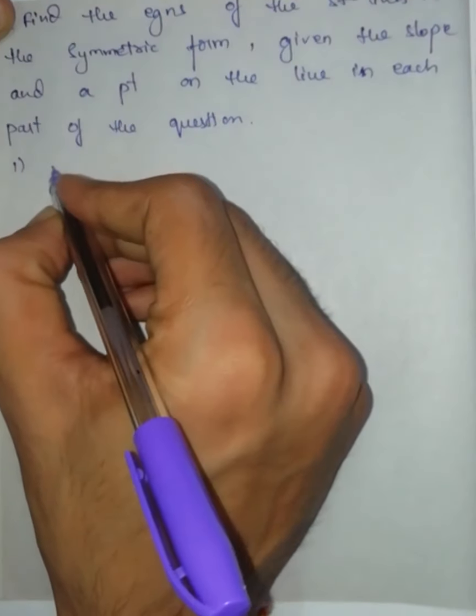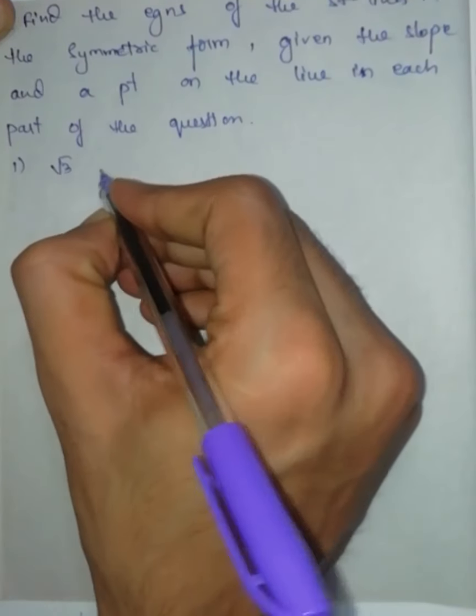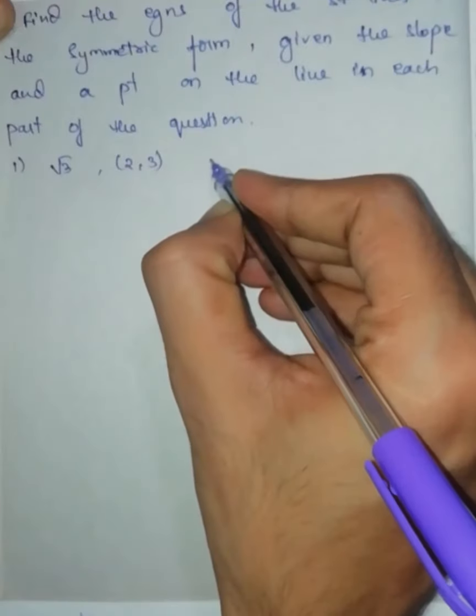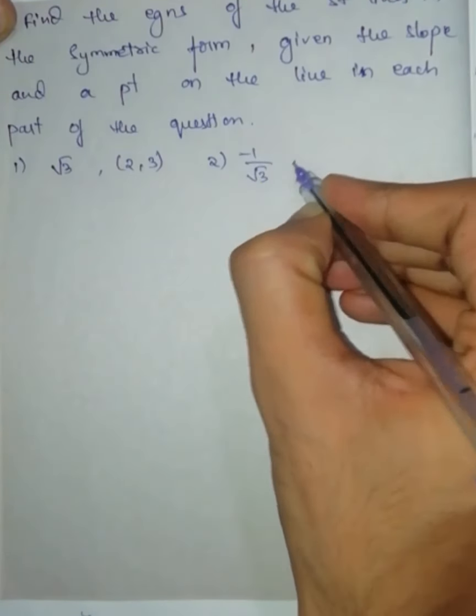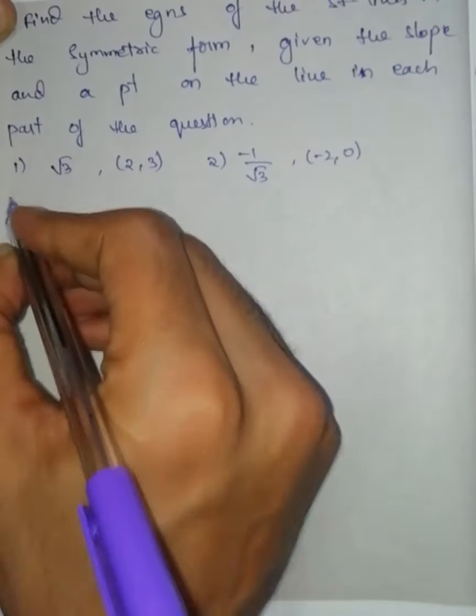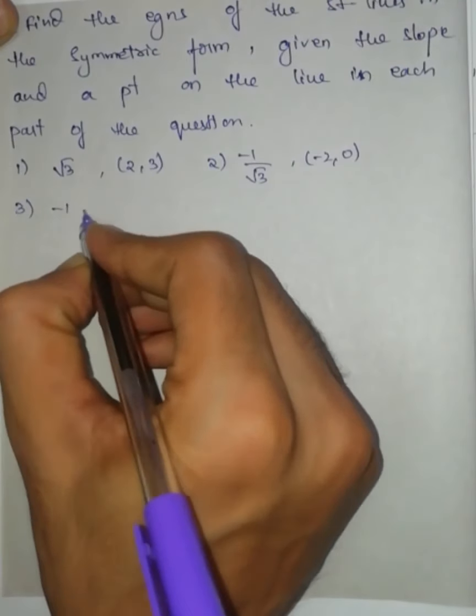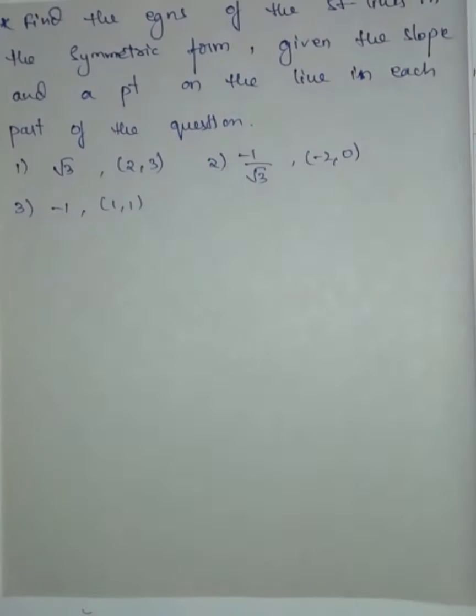First one, under root 3, 2, 3. Second one, minus 1 by root 3, minus 2, 0. Third one, minus 1, 1, 1.